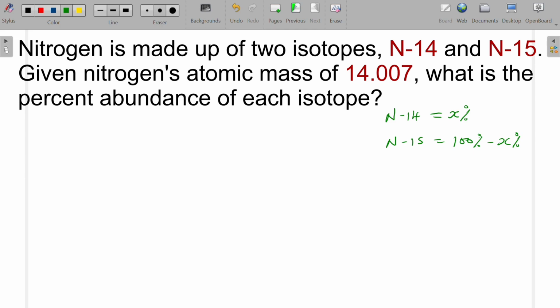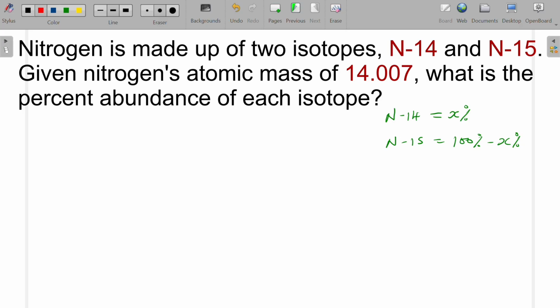So this is what we are going to use. We are going to say N14 has a percentage abundance of X, and then N15 will have a percentage abundance of 100 minus X.